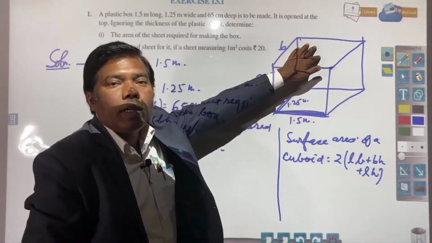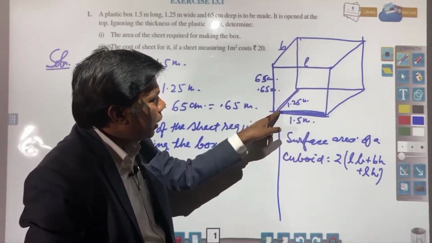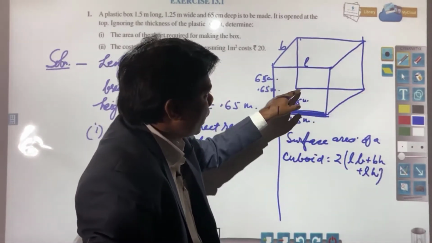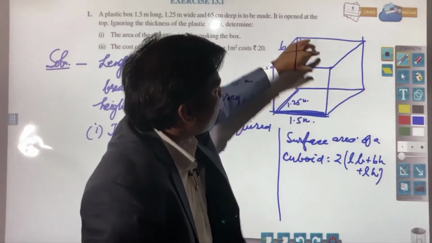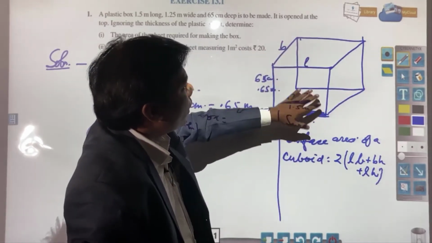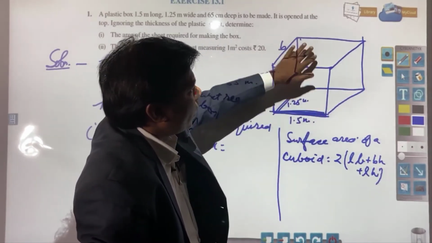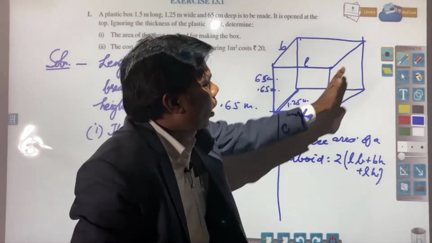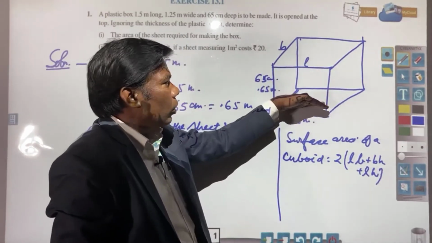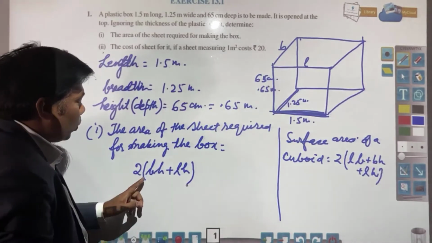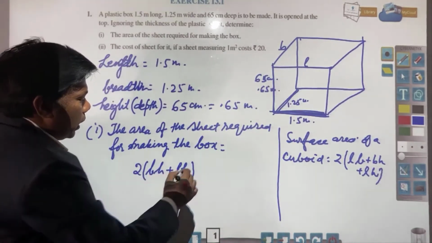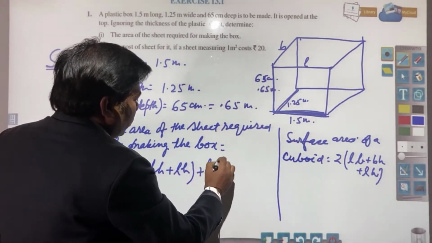So in the top we will not take one L into B. One L into B we will take, one we will not take, and 4 walls we will take, and floor. So this will be 2BH plus 2LH plus LB.